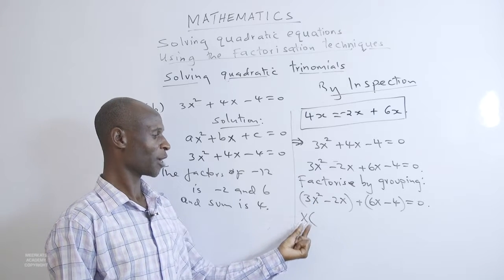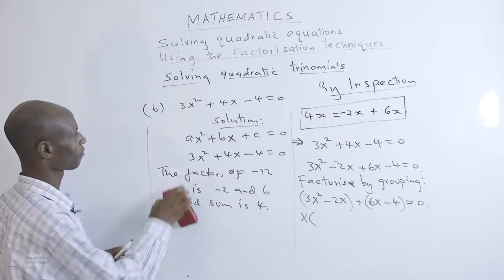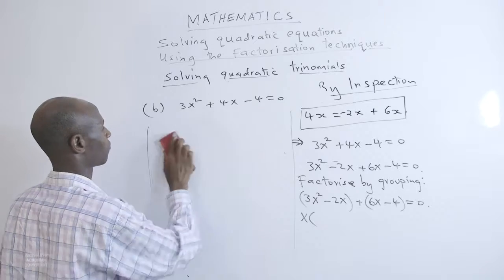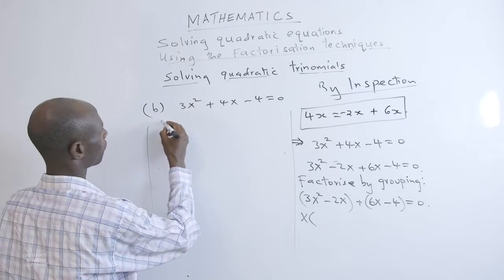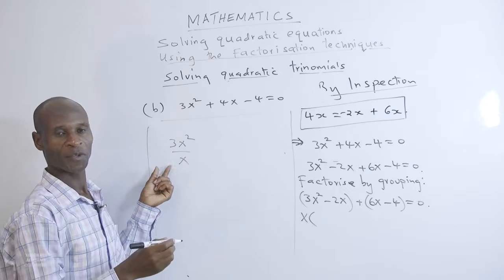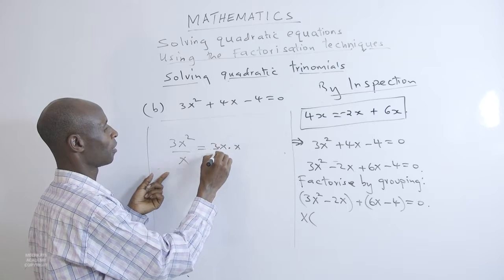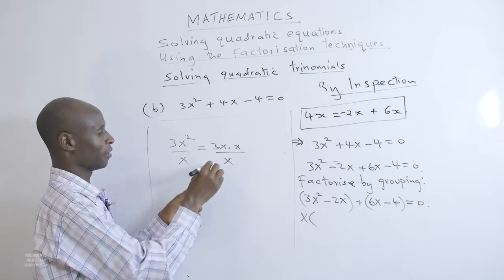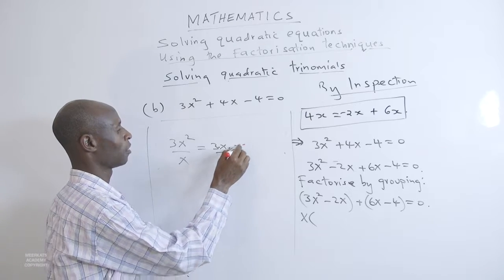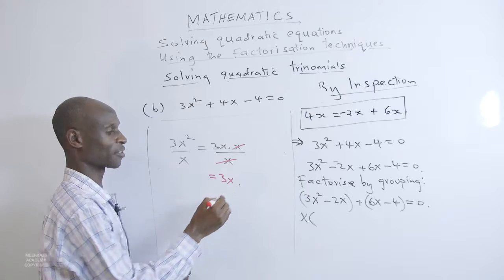Then take 3x squared divided by x. Three x squared divided by x, the x and x cancel, we remain with 3x.